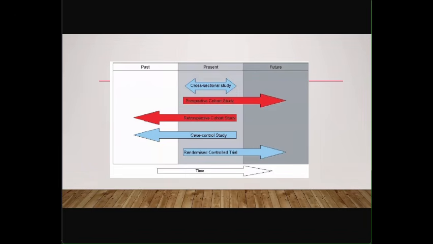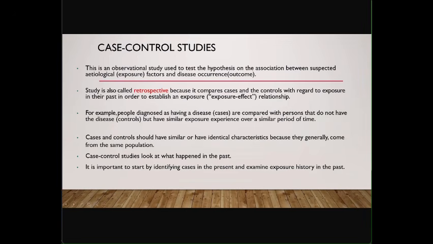Then the case control study is also looking at the past, but there's a difference. Just as the colors are different, they are different. Then the randomized control trial is also different, even though it's looking forward. Then, of course, the time. Okay, let us look at it one after the other.